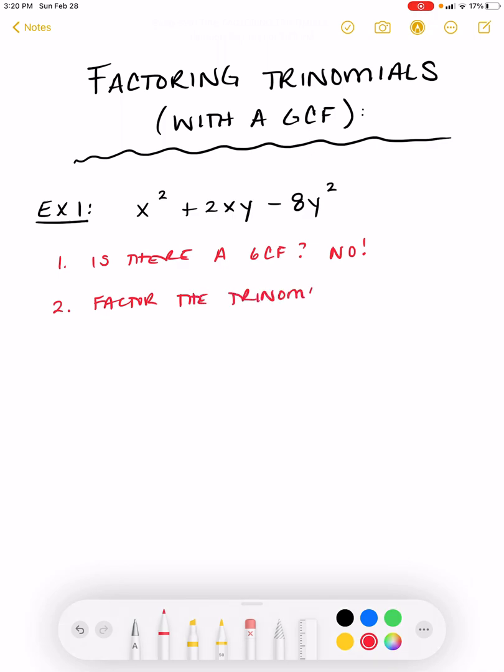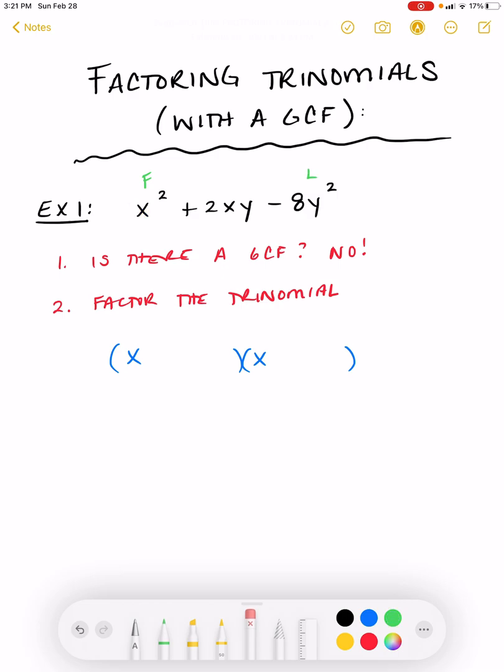All right, so let's practice factoring trinomials that look a little bit more complicated and have more variables. When we factor a trinomial, we start by taking the first term and we split it right here into factors that are x times x, okay? Then we come over here and we look at the last term.